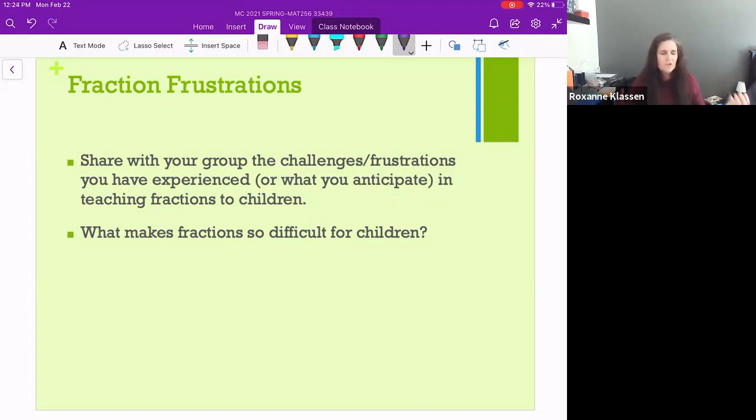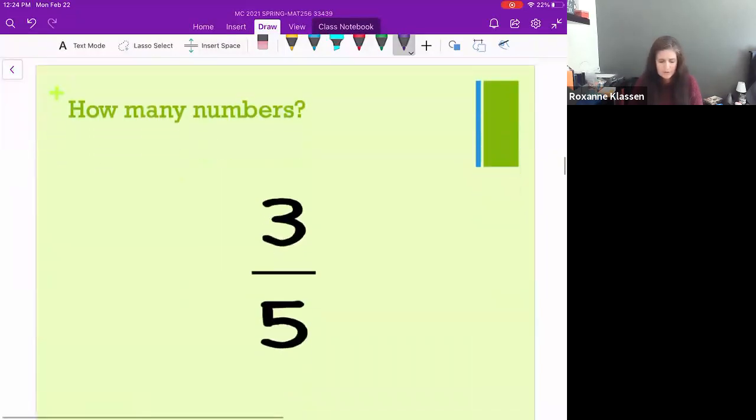Yeah, so you can see the frustration. Some of you have those same frustrations. And I like how someone pointed out that division can be confusing as part of it as well. Like, what's happening? Is it division? Is it not division? What is it meaning? So this can be very, very challenging for students.